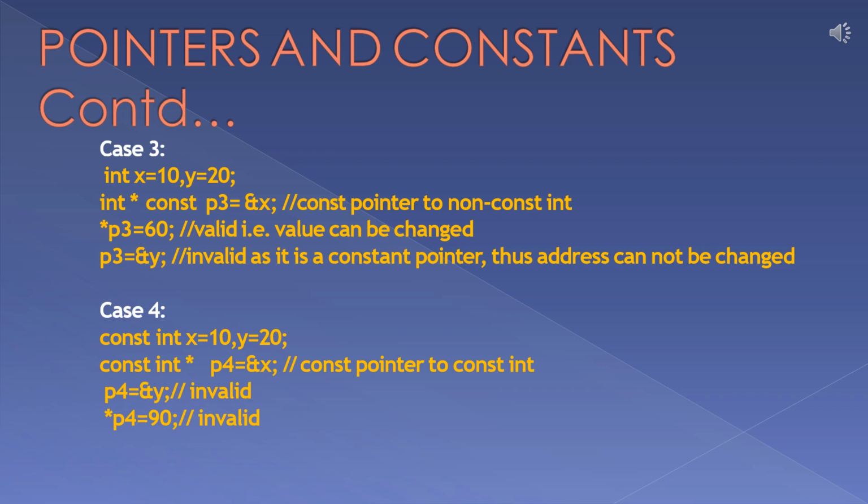But using P3, you can change the value of X because X is not a constant value. In case 4, both the variable as well as the pointer are constant. So you cannot change the value of P4 once it is assigned to X, and using P4 you cannot change the value of X because X is also constant.